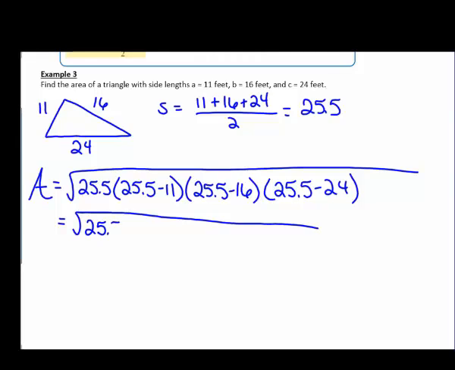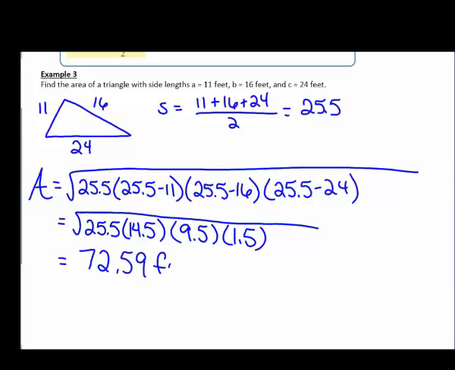So I have 25.5, and so I'm going to multiply that by 14.5 because that's the difference of 25.5 and 11, and then I have 9.5, and then I have 1.5, and so that might just make it a little bit easier to plug into the calculator. And so then when I do that, I get that the area is about 72.59 square feet.